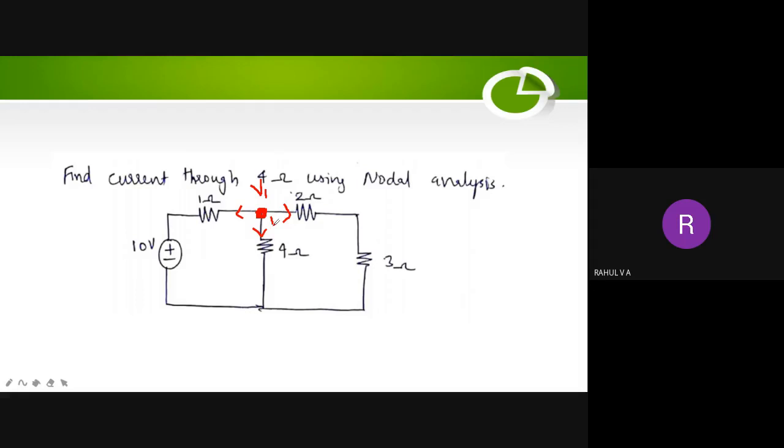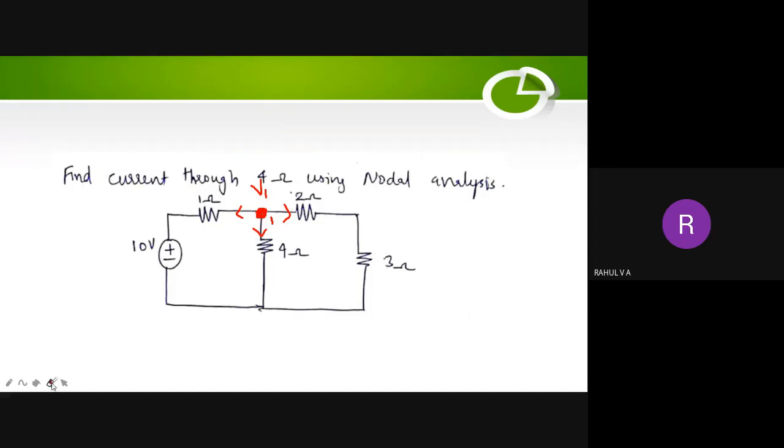The advantage is that current entering the node is equal to current leaving the node. There is no current entering the node, so it is 0, and that is equal to the current leaving the node. So you can sum up all these currents I1, I2, I3 and find the voltage equation.